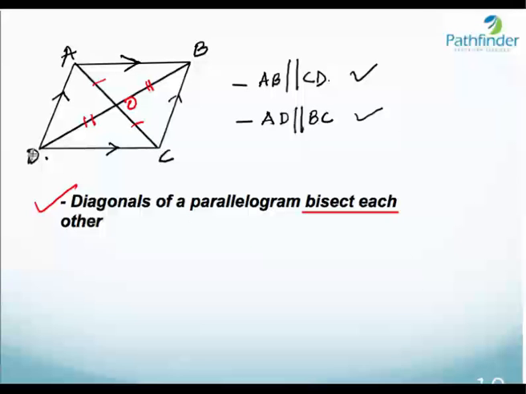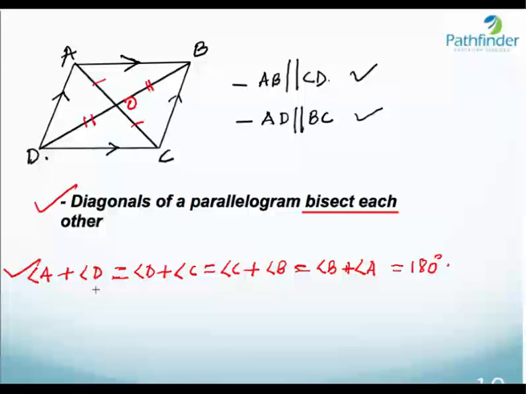And apart from this, we also know that in case of a parallelogram, any pair of adjacent angles is supplementary. So we have angle A plus angle D, which is equal to angle D plus angle C, which is equal to angle C plus angle B, which is equal to angle B plus angle A, and all of them are equal to 180 degrees. Similarly, any two pair of opposite angles are equal.